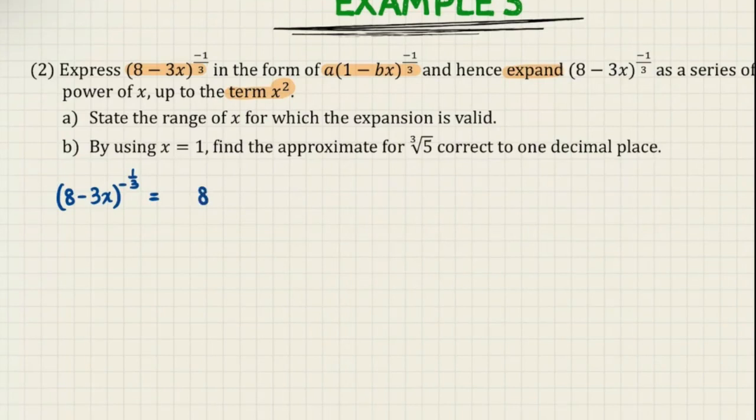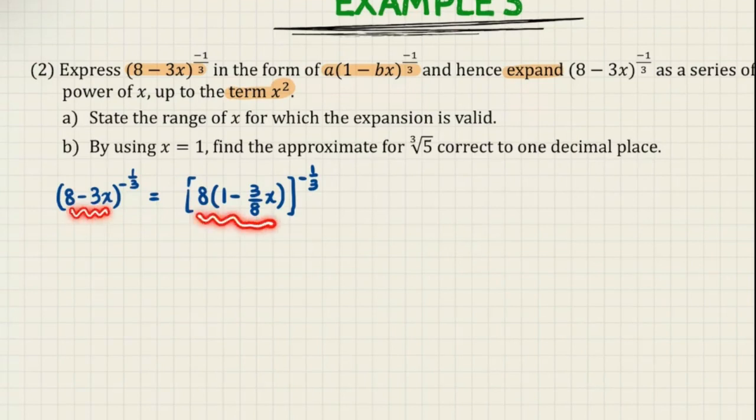Okay, sebabnya formula dia kat sini dia nak 1 kan. So kita keluarkan 8. So kita ada 1 tolak 3 per 8x. Dalam bracket besar kita ada negatif 1 per 3. Okay. Daripada sini menjadi ini.